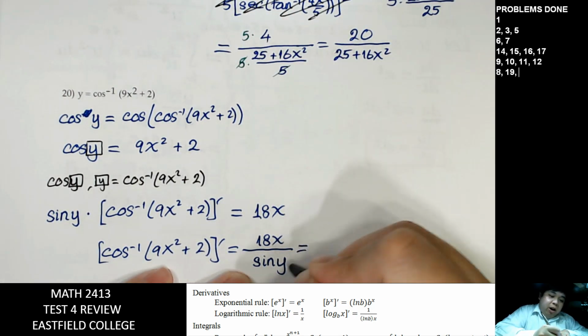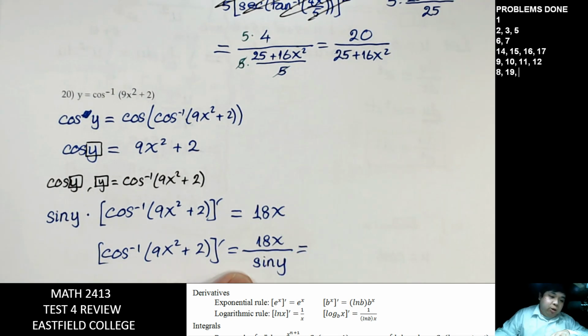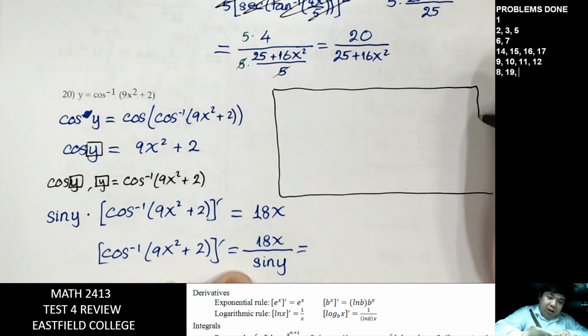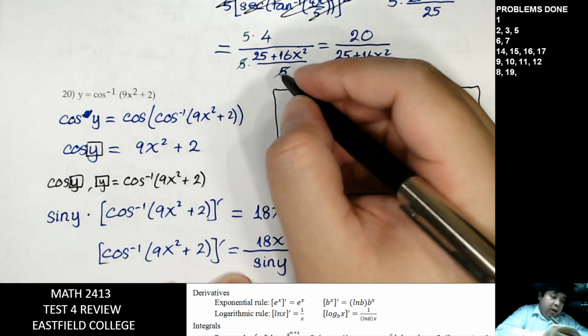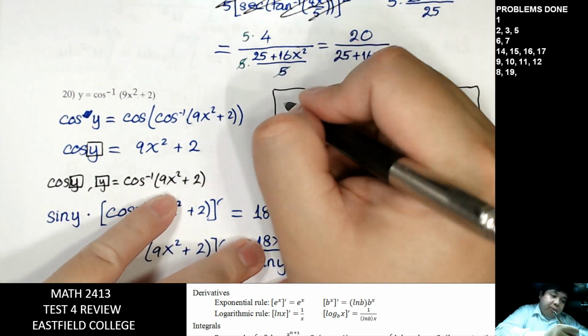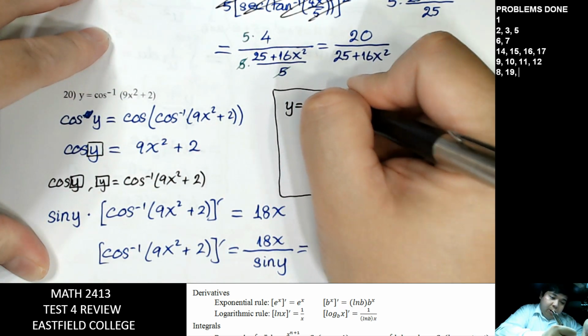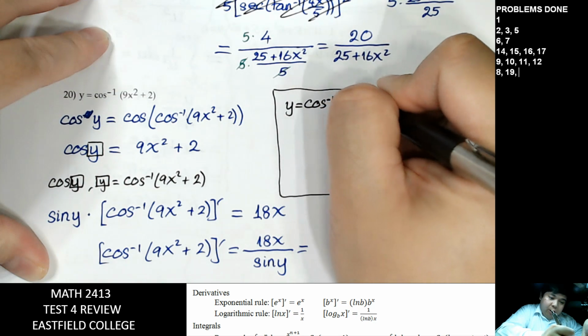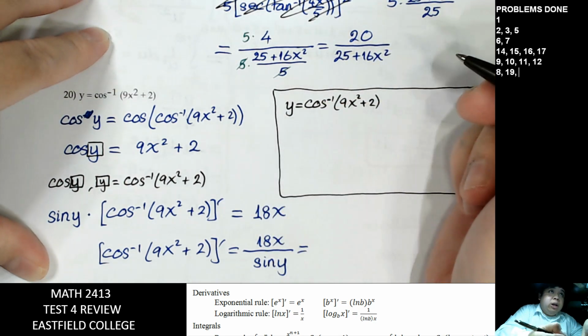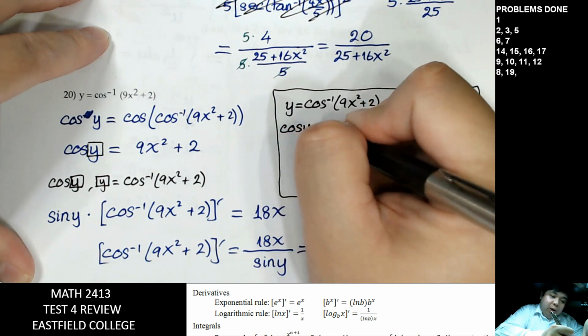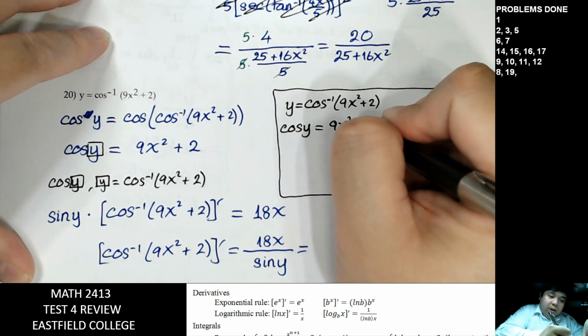Now we just need to find out what sine of y is equal to. So that is like the trick, the triangle like we did before. So we have this problem, and we take the cosine on both sides. Cosine y equals 9x squared plus 2.